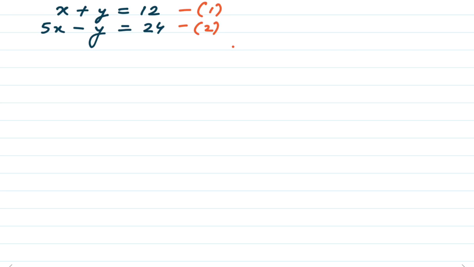Let's take one more question. Say x plus y is equal to 12 and 5x minus y is equal to 24. So this is my first equation and this is my second equation. Observe the coefficient of y in the first equation.